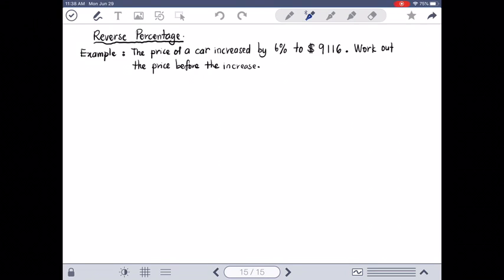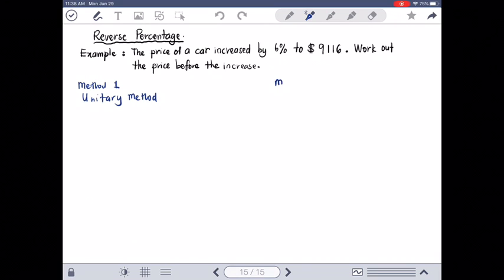Basically, there are more than two methods, but we just have a look at these two. The first method is known as the unitary method.